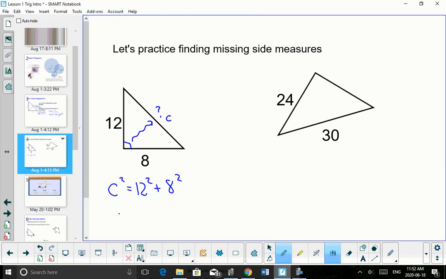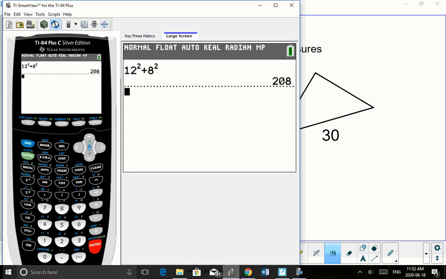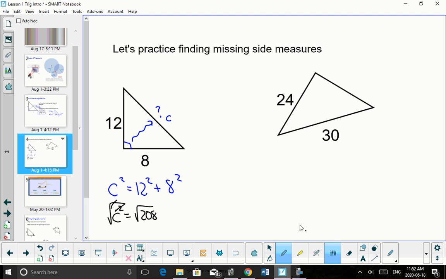So C squared equals 208. To get rid of the squared, we would square root both sides. So then you go square root of 208. So you get 14.42. Now, you know that the hypotenuse is the longest side. So 14.42 is longer than 12 and 8. So we're pretty sure that we did it right.